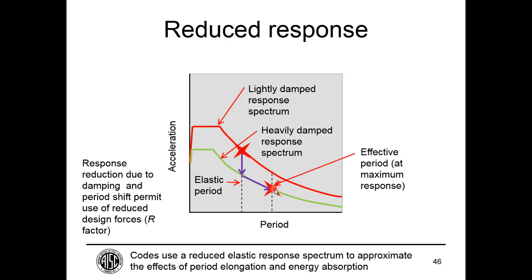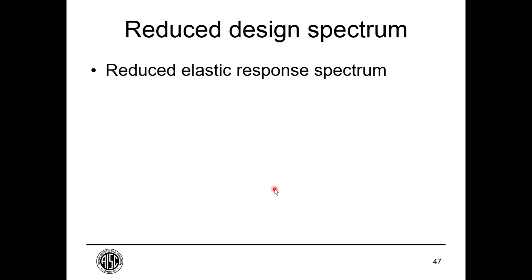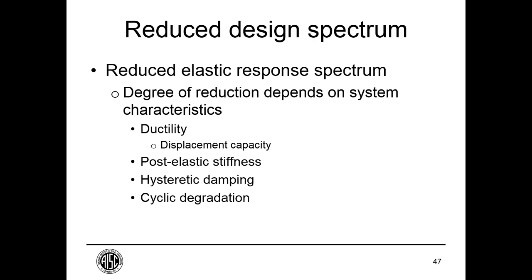And that reduction, both the hysteretic energy absorption and the period elongation, both of those things are implicit in the use of an R factor to reduce our forces. So these reductions depend on the system characteristic, such as ductility of the system, which is to say its capacity to tolerate large displacements.